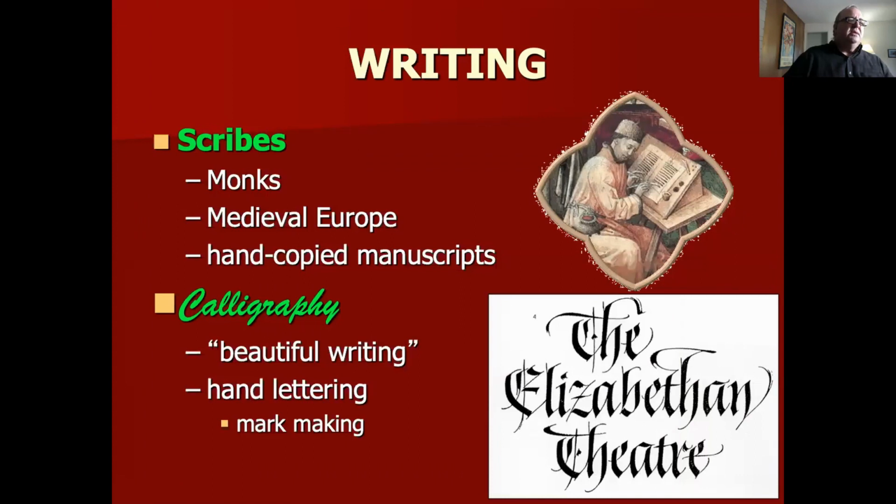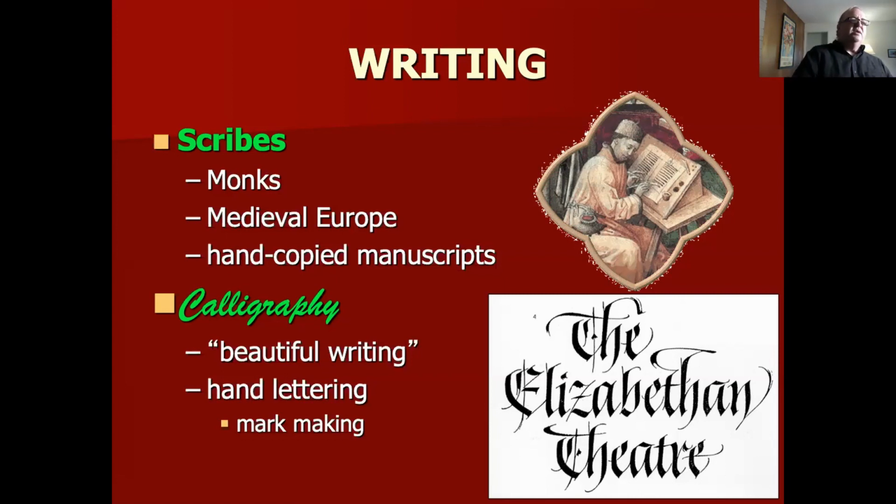In the Dark Ages and medieval Europe, there were scribes. These were monks who would take manuscripts and hand copy them. So there was no printing, so all books were basically hand done. And of course, there were some disadvantages to this.